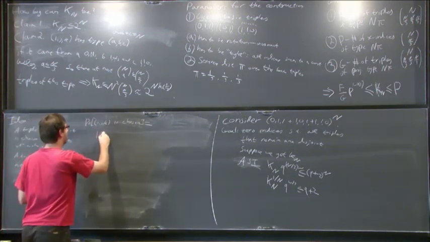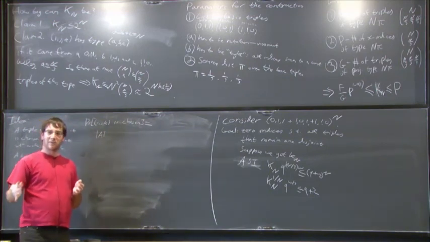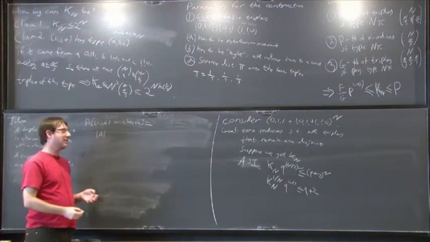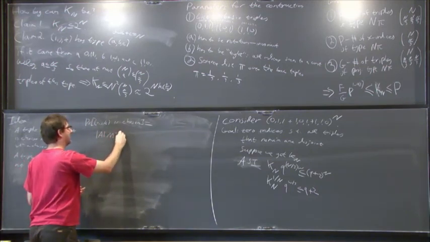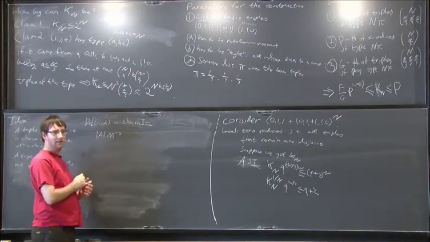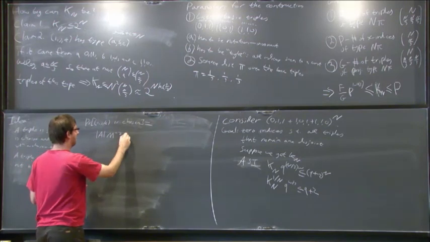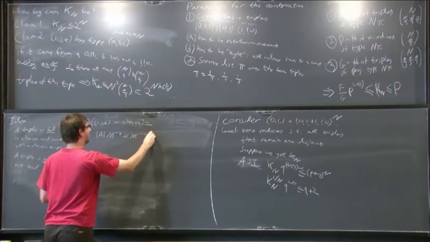So it's the size of A. Now we don't have to look at 3 of them. It's enough to look at 2 of them. This is because of property 1. And then because of property 3, it's exactly this thing, which is m to the minus 1 minus little o of 1.